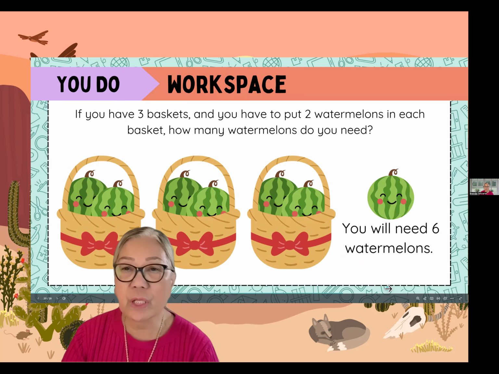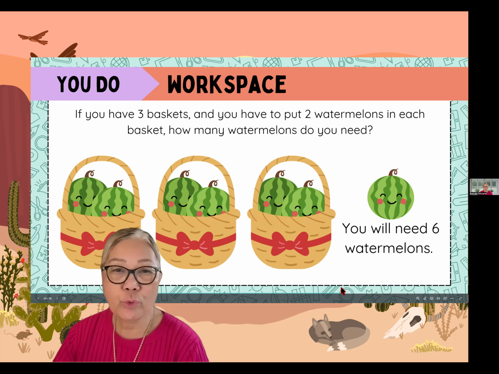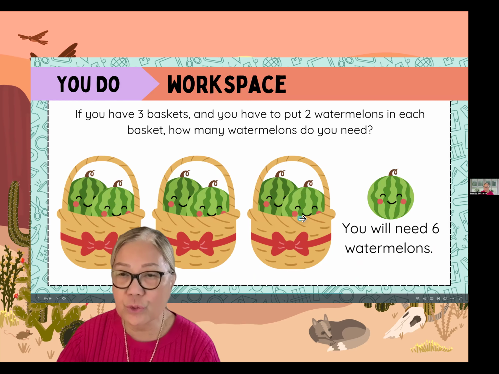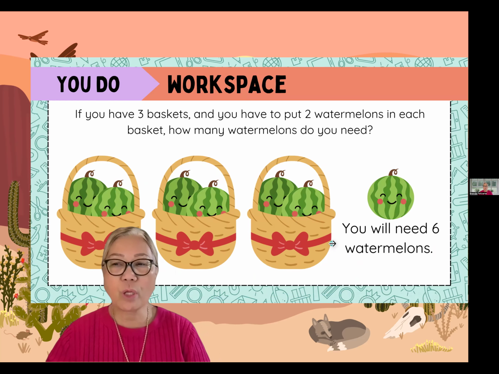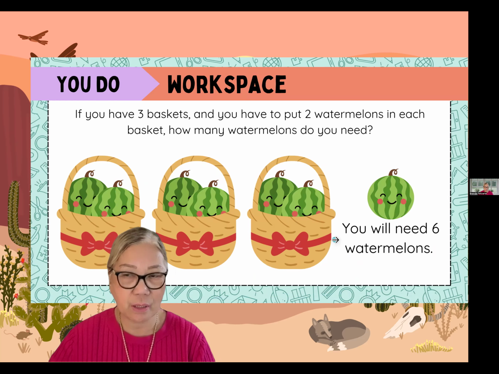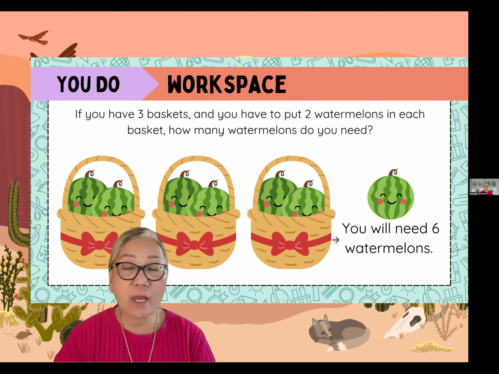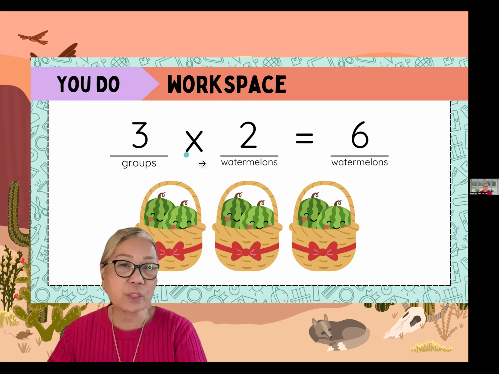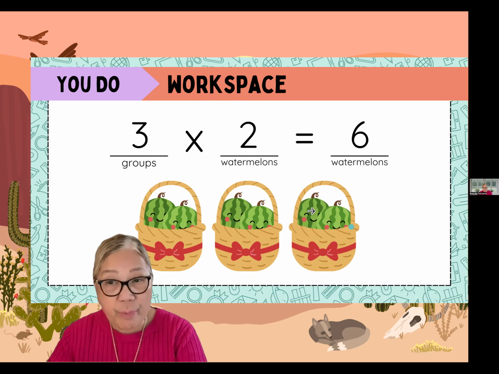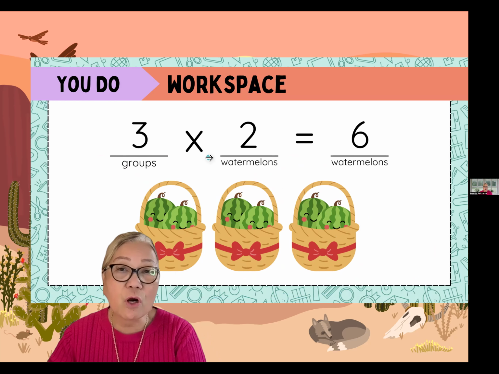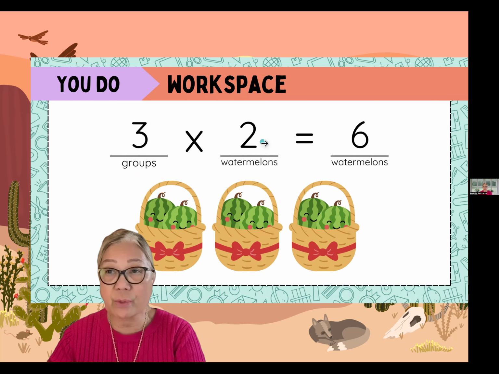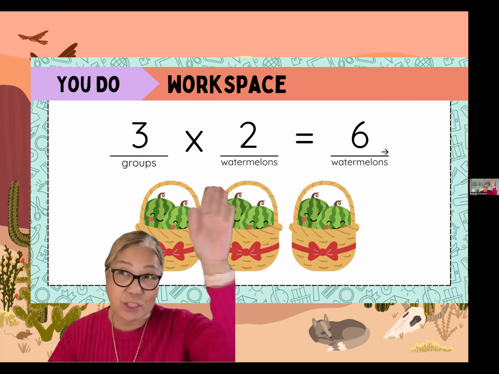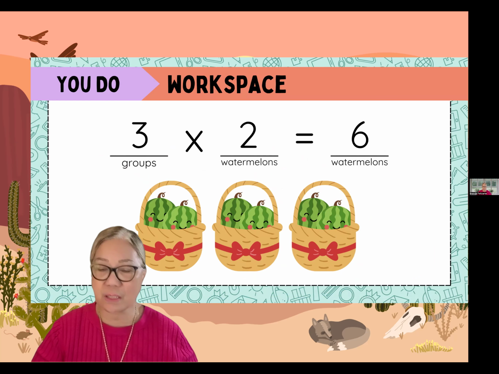So in order to do that, on your workspace, you have 2, 2, and 2. How many watermelons do you need? Your multiplication equation would be 3 baskets or 3 groups of how many watermelons? 2 become 6. It's just very, very easy.